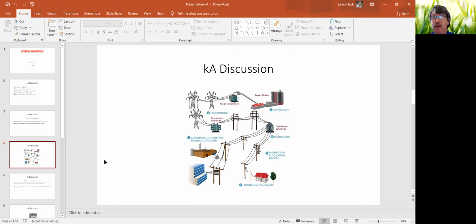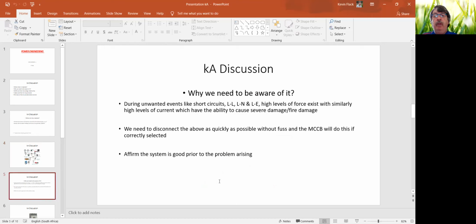And that short circuit has a defined maximum, and it's very important to discuss why that's important in the application of the equipment that is used at that level.